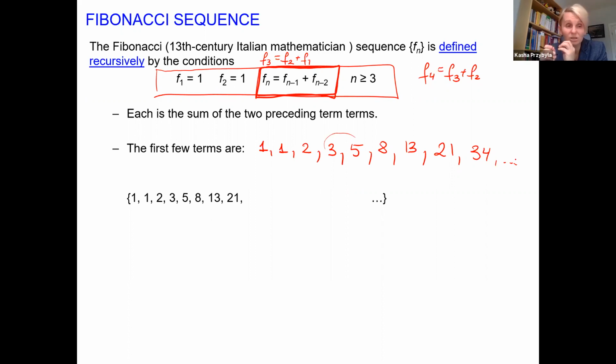It's not in terms of n, where I have the advantage of putting in a value for n and creating my term. I have to list all of them. If I would like to have the 101st term, I have to have the 99th and 98th, two before. So we have these numbers: 1, 1, 2, 3, 5, 8, 13, 21, 34.